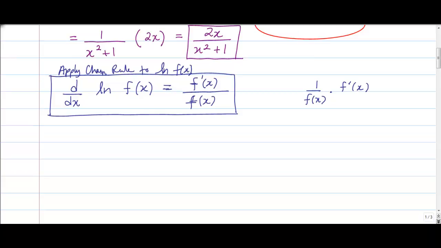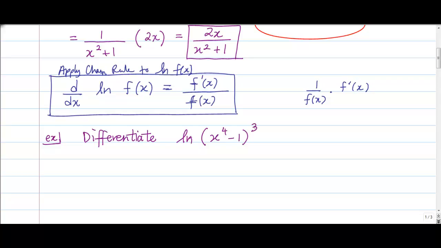Let's do another example. I want you to differentiate the natural log of x to the fourth minus 1, cubed.